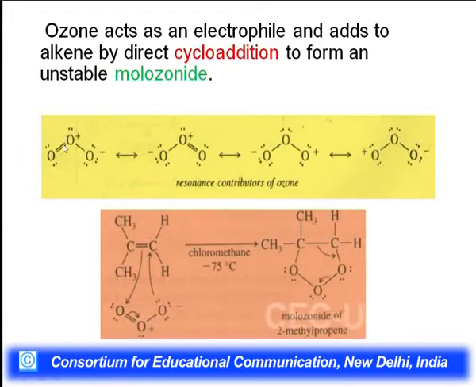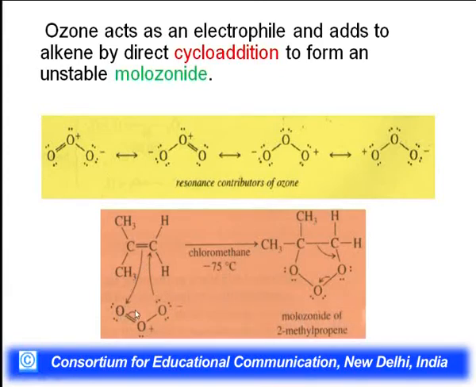Overall, though, ozone acts as an electrophile, since the alkene has a double bond here. So this is an electron-rich area, and there should be a bond formation between one of the oxygen atoms of the ozone and this double bond. The double bond will act as a nucleophile, and the oxygen will act as an electrophile.